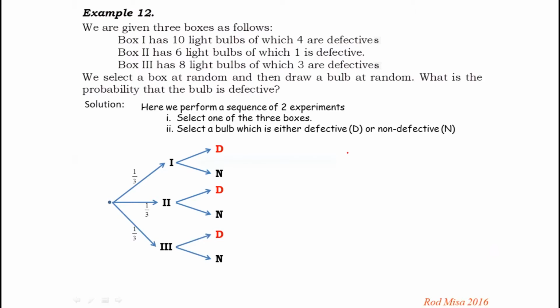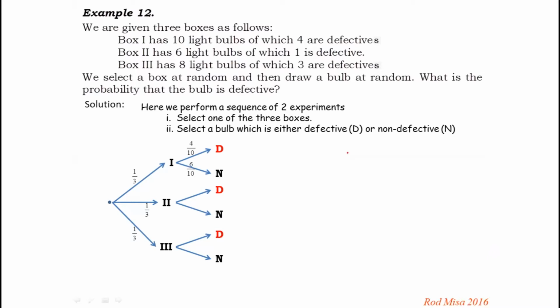If you have chosen box 1, and box 1 has 10 light bulbs of which 4 are defective, then the probability of selecting a defective light bulb from the first box is 4/10, while the probability of selecting a non-defective light bulb from the first box is 6/10.